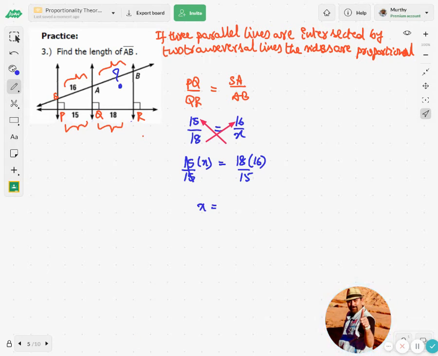So the value of x equals 18 times 16 over 15. Without a calculator also you can compute: 3 5s, 3 6s, 96 over 5, 19.2, yes. Still let me check on the calculator. 96 over 5, yes, 19.2. That's the value of x.